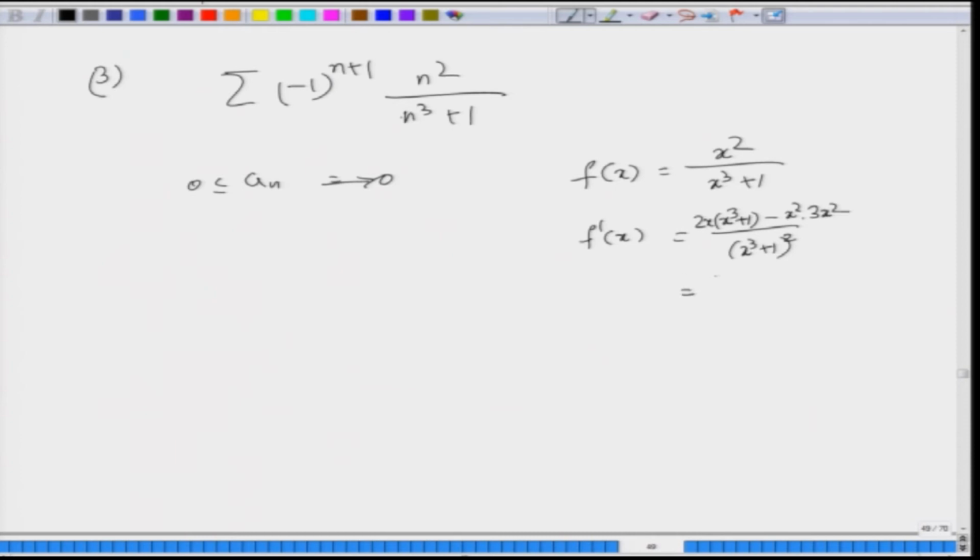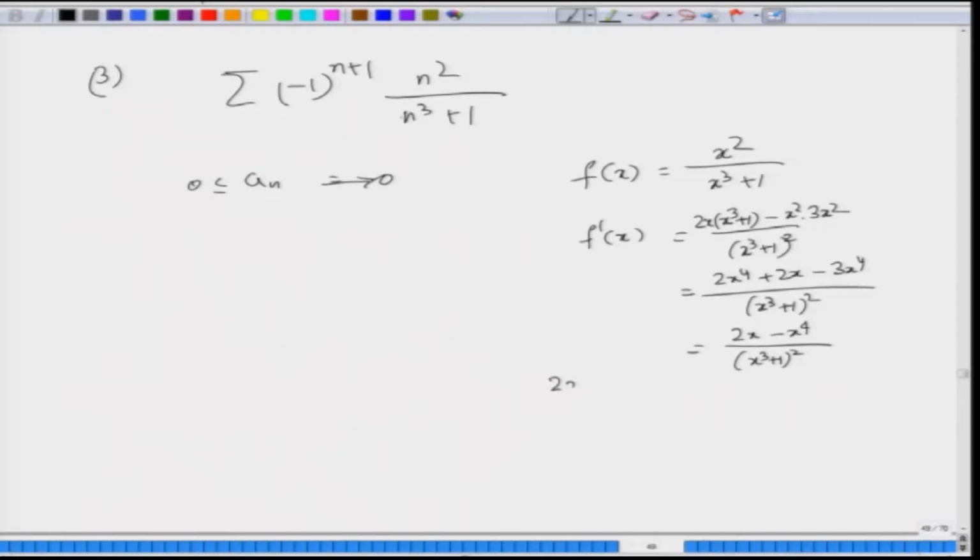This is equal to 2x to the power 4 plus 2x minus 3x to the power 4, which gives 2x minus x to the power 4, over x cube plus 1 whole square. Now, if f is a decreasing function, then obviously f of n equal to n square by n cube plus 1 is going to be a decreasing sequence. So, if the derivative is negative, then we are done.